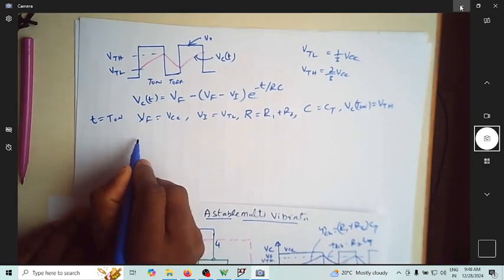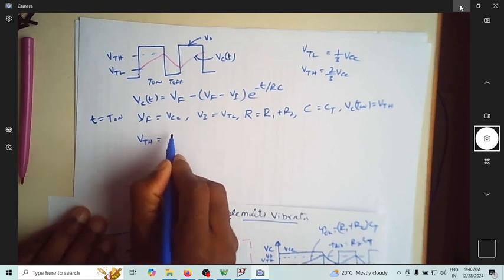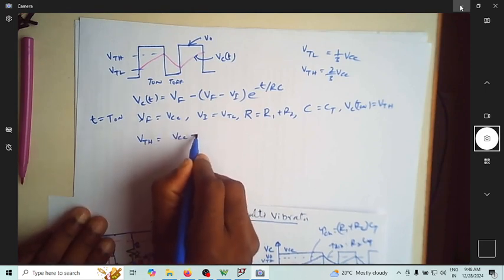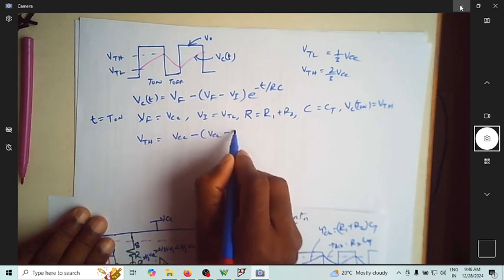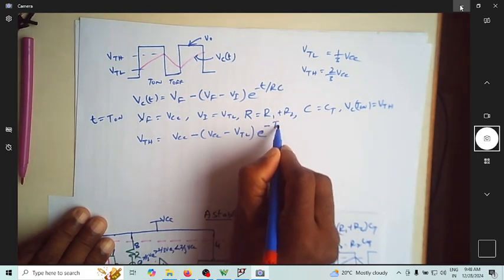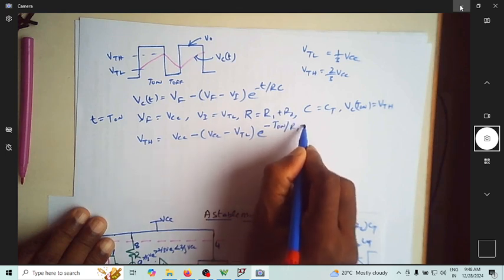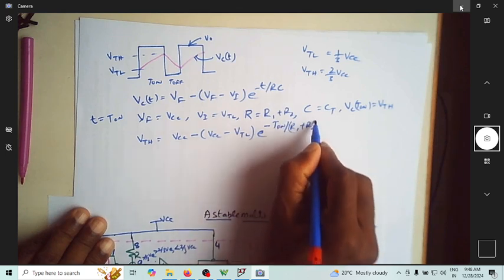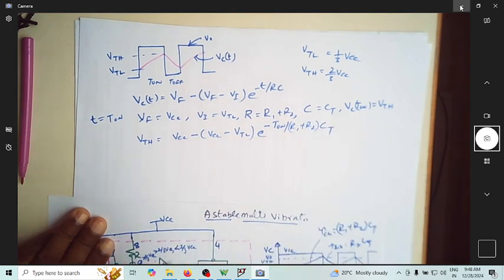So now VTH is equal to VCC minus VTL into e power minus T on by (R1 plus R2) into CT.